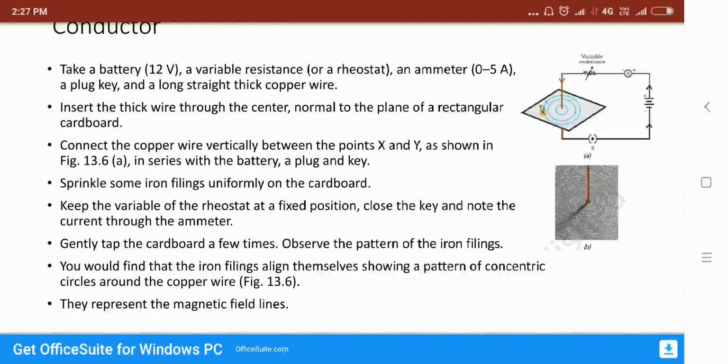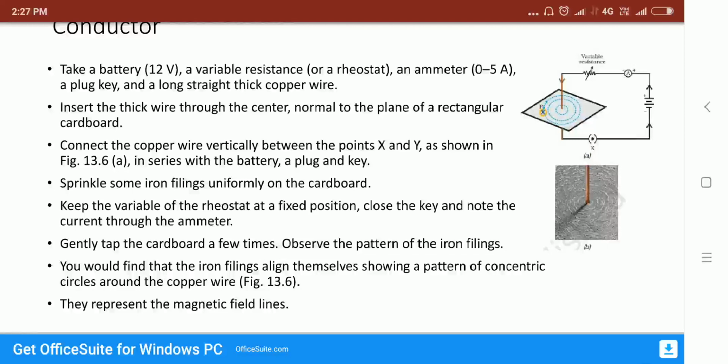So from the battery, current starts to flow from the positive terminal to the negative terminal, and we gently tap the cardboard a few times. While the current is flowing and the iron particles are sprinkled, by tapping the cardboard we can get a proper pattern of the iron filings.